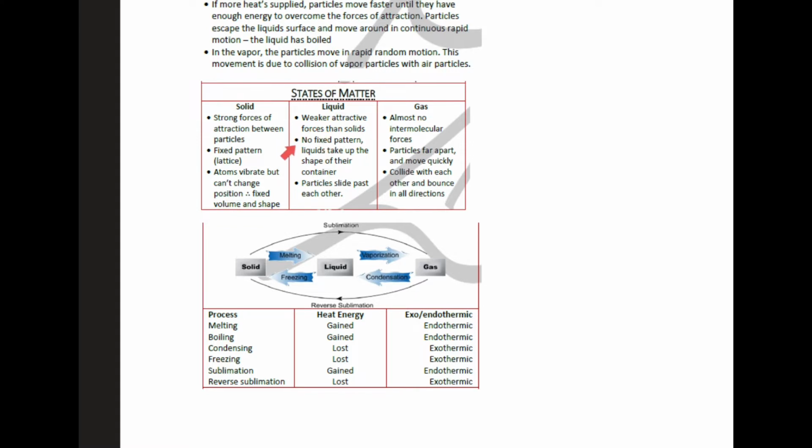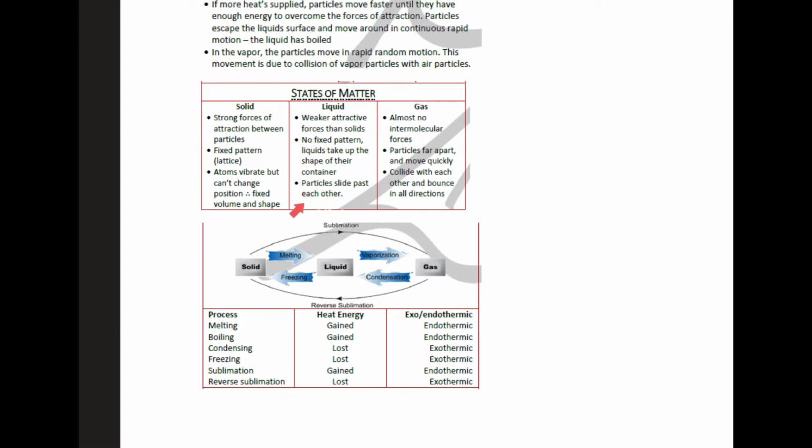No fixed pattern, that means the particles are arranged in a pattern that is not fixed, and liquid takes up the shape of its container. Because it has no fixed pattern, they just follow the container. If the container is spherical, then the liquid is spherical. If the container is cuboid, then the liquid is in cuboid shape.